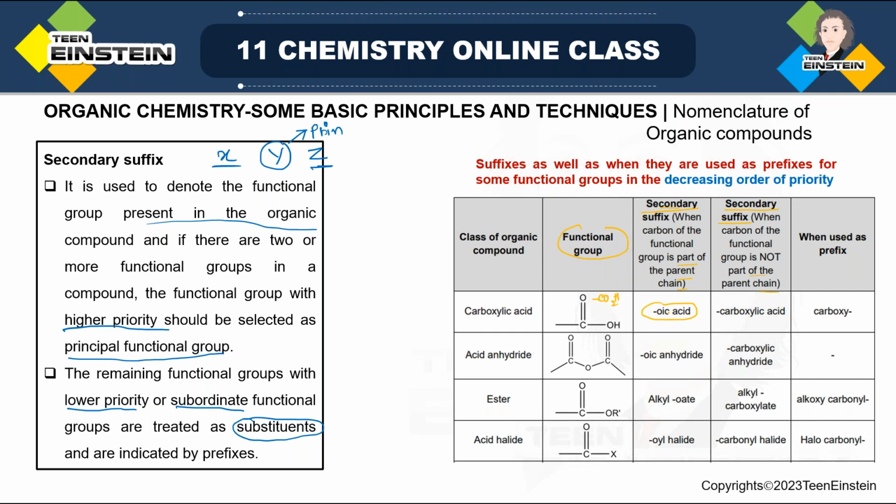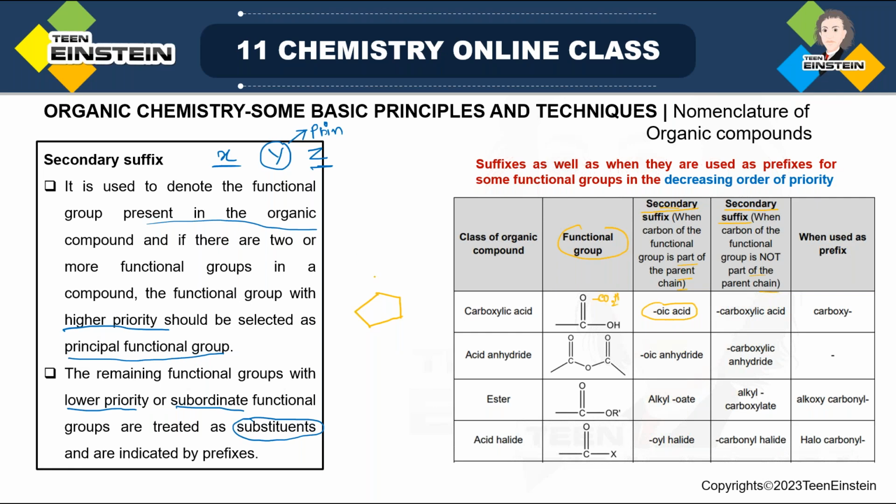Now, you may be thinking that we have already mentioned the rule, that when we choose the longest parent chain, it must contain the functional group. Then how is it possible that now they are not part of the chain? Actually, it happens only when you have cyclic compounds. So when it is a cyclic compound, you just have to count the number of carbons in this ring, which is 5.